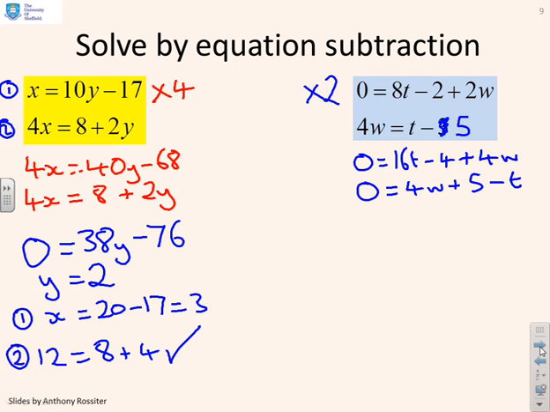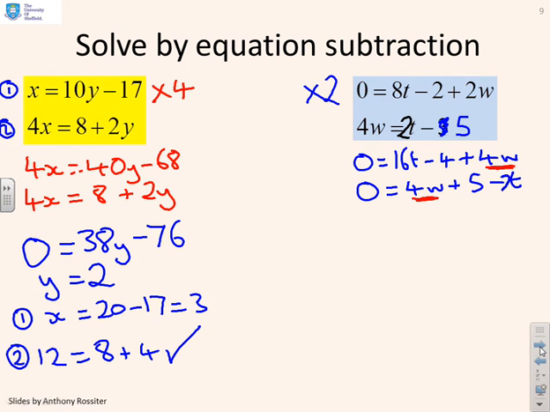Okay, so now what you can see is both equations contain a 4w. So if I now subtract the lower equation from the upper equation, what am I going to get? Oh, I forgot to multiply something here. I apologise, there should have been a 2 in front of that t there.